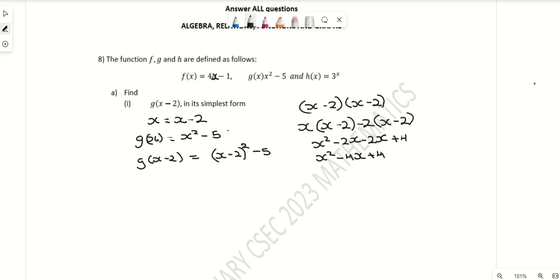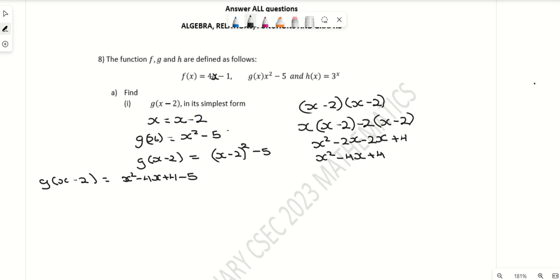So where we have x minus 2 all squared, we're going to put x squared minus 4x plus 4. So g of x minus 2 is equal to x squared minus 4x plus 4, which is what this bracket is, and then we have minus 5.